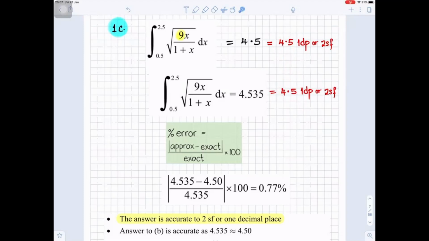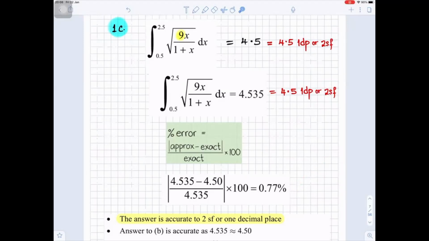And how do we calculate percentage error? You use this formula: approximate value minus exact value, divided by exact, times 100. We use the absolute sign because we just want the percentage, not negative values. So 4.535 minus 4.50, divided by 4.535, times 100 gives us 0.77%.